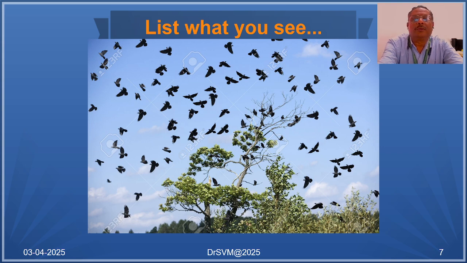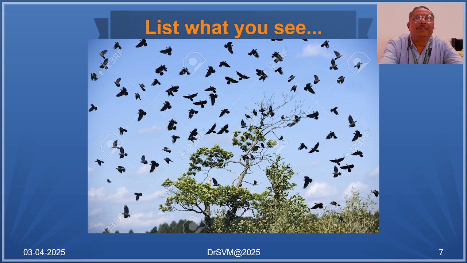The question now is how did I recognize all these objects? So looking at the birds, I don't find anywhere two birds have the exact shape in this picture.